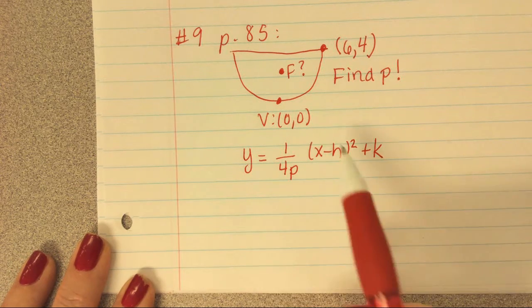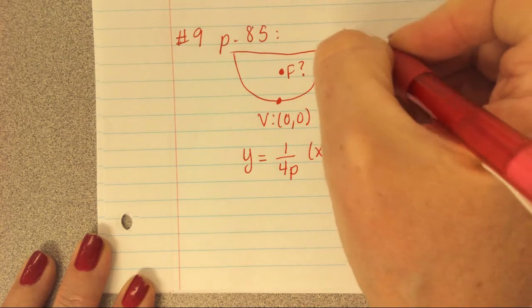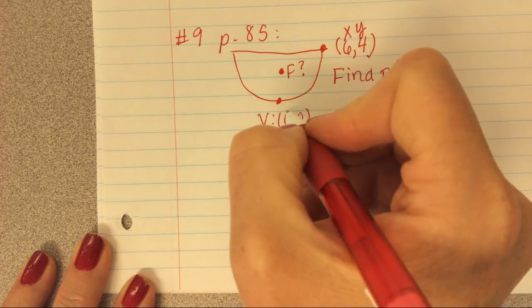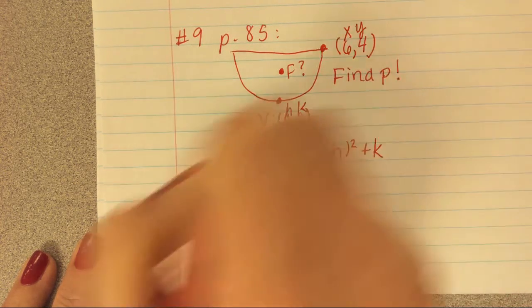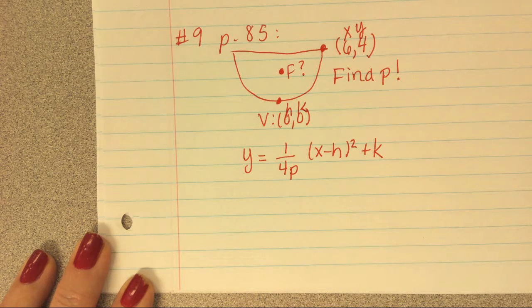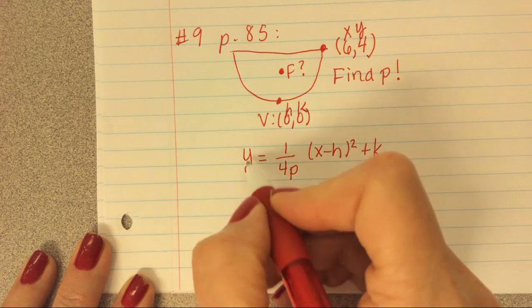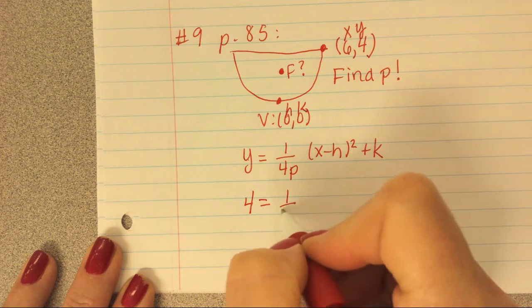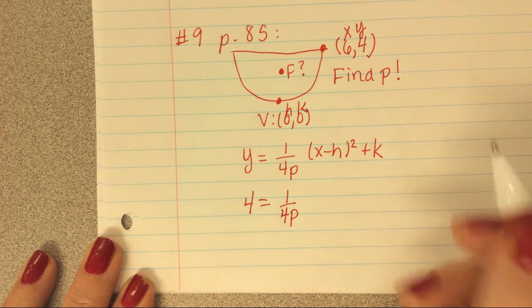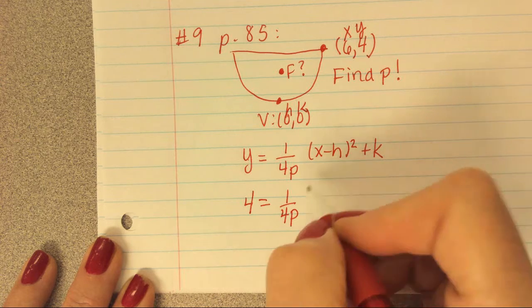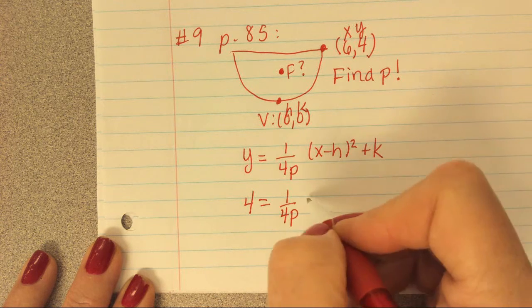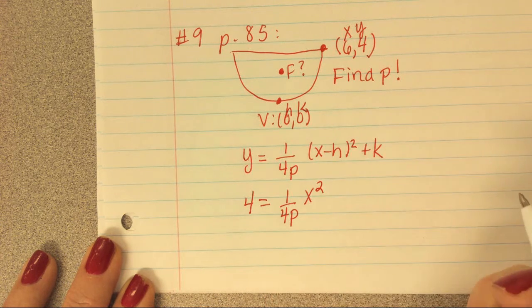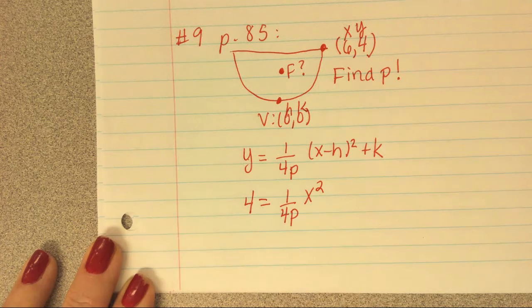Well, here's my x, y, here's the h, k at the vertex, so now I can just substitute in. y is 4, 1 over 4p, I don't know that. h is 0, so x minus 0 is just x squared, and k is 0.